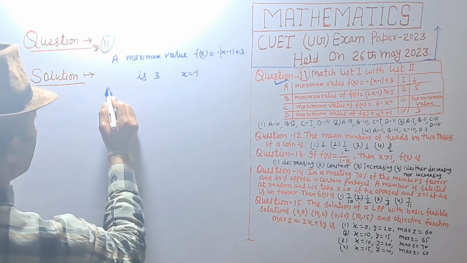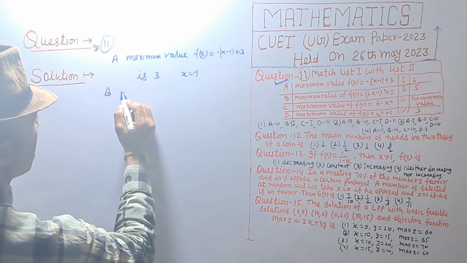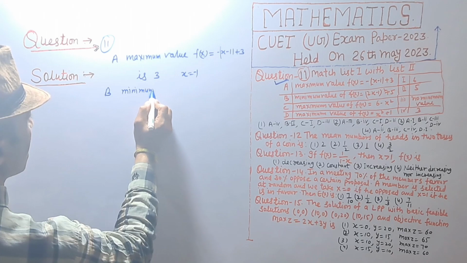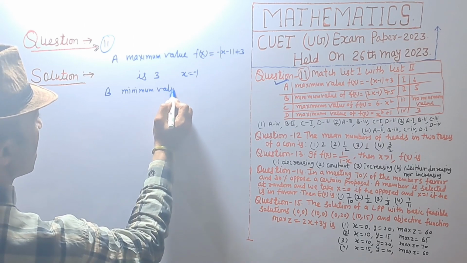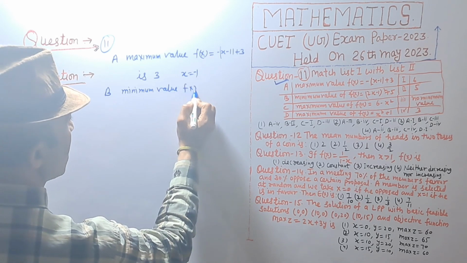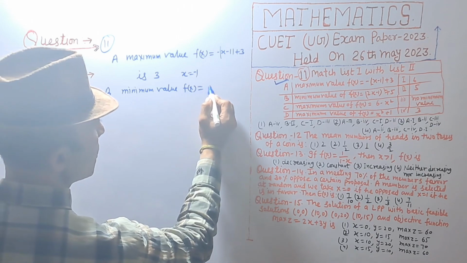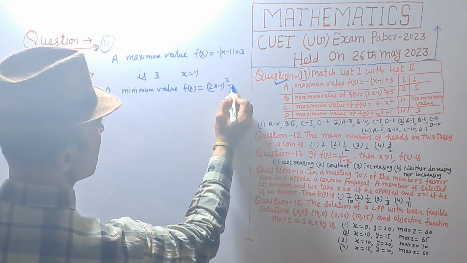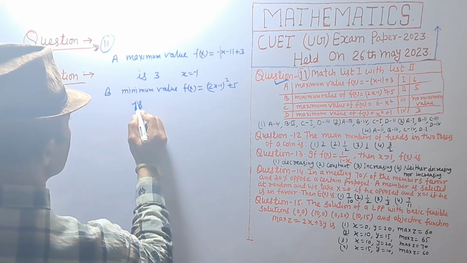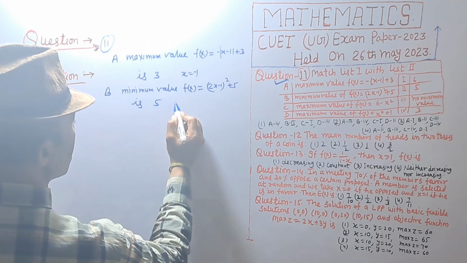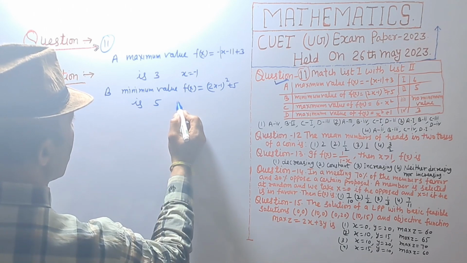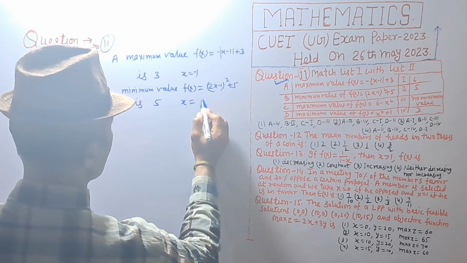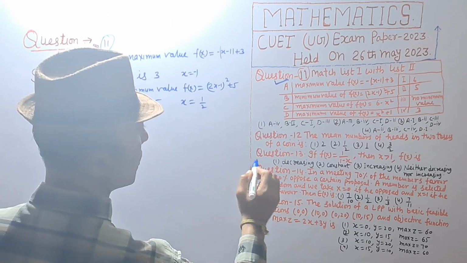And B. Minimum value of f(x) = (2x - 1)^2 + 5 is 5, as x is equal to 1/2.